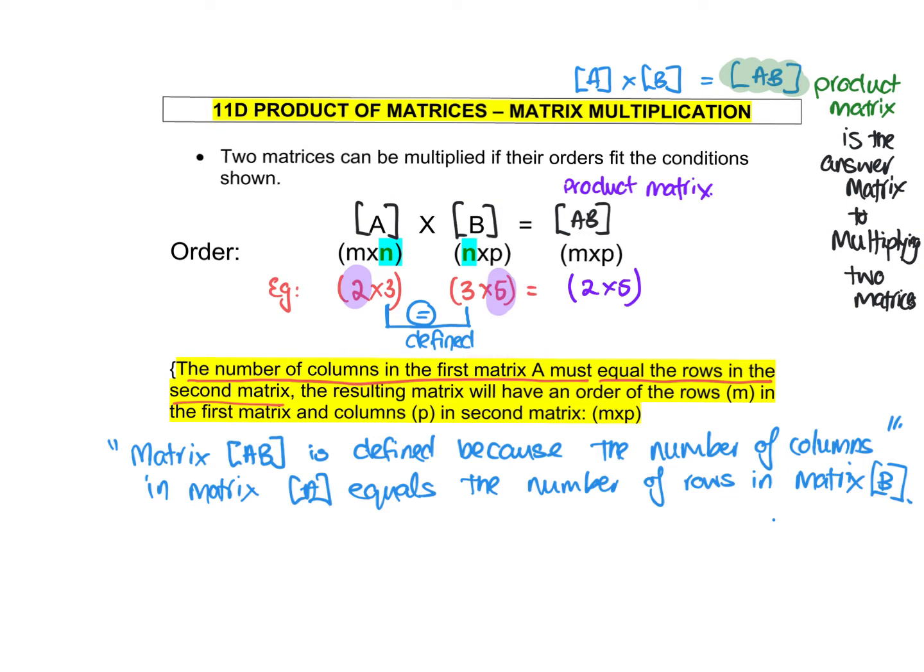If they say explain why it can happen, you must write that statement. This must be written. You can't do what we do up here, where we say they're equal. We're just doing that to check before we actually do the multiplication. But if they say explain why, you must have this wording, and it's a good 1 mark that you will get.